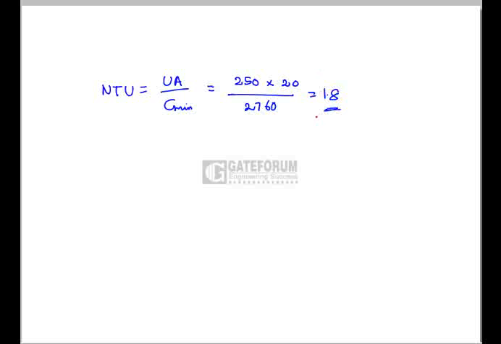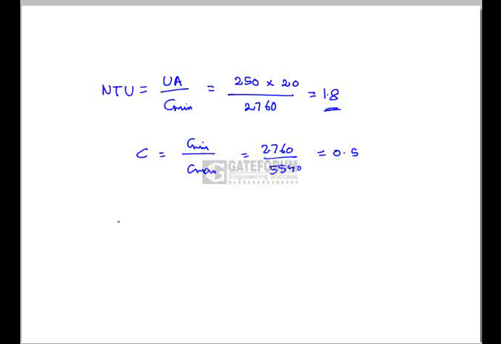So here number of transfer units is equal to 1.8, and in the effectiveness formula we have C, that is the ratio of minimum heat capacity to maximum heat capacity, and C is equal to C minimum to C max. So that is given by 2760 to 5540, it is nearly equal to 0.5.